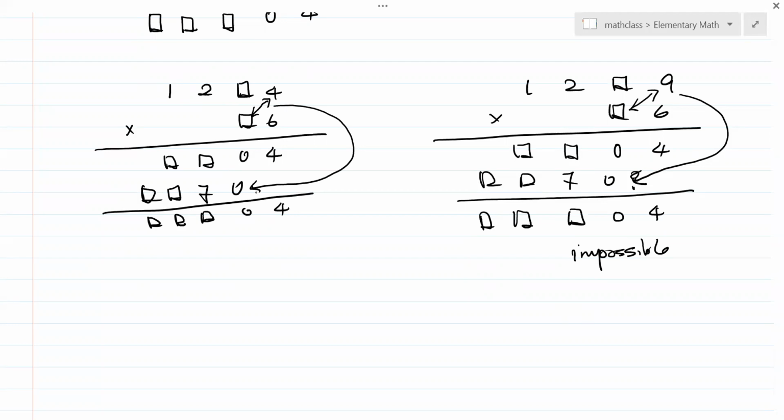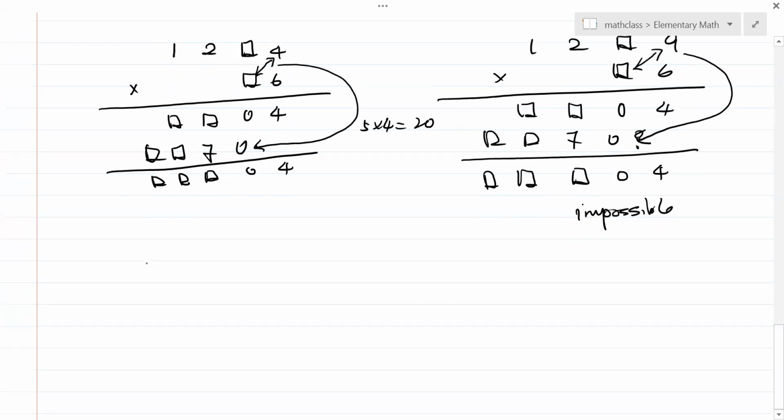Must be 5. Which number times 4 gives the last digit 0? 5 times 4 is 20, right? So you figure out that must be 5. There's no other number that gives you a product whose last digit is 0. So, step by step.